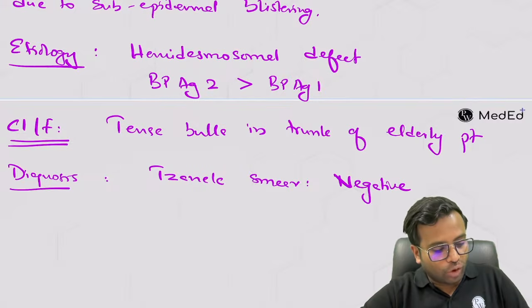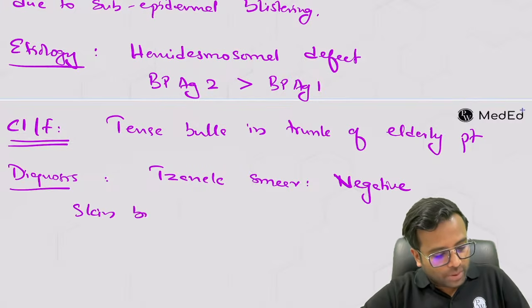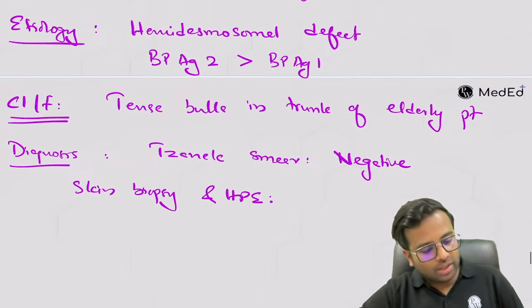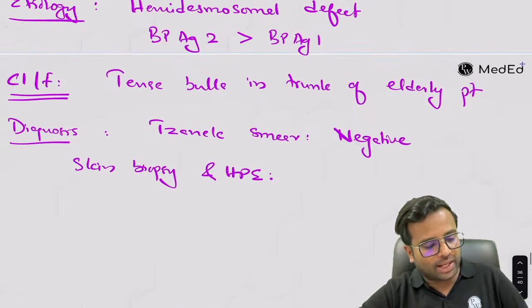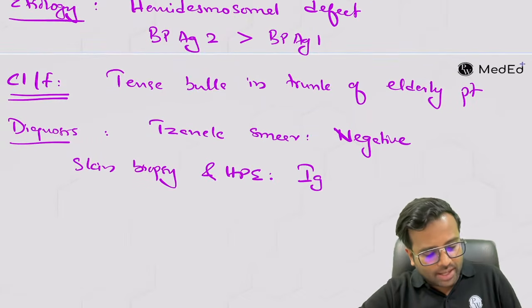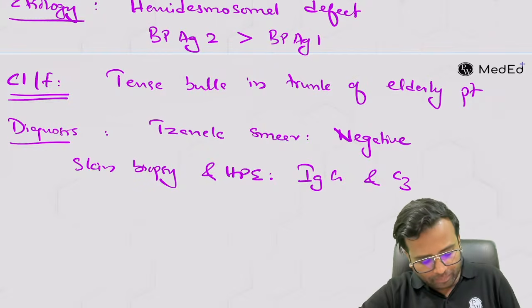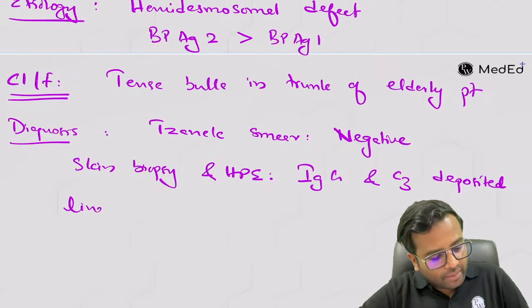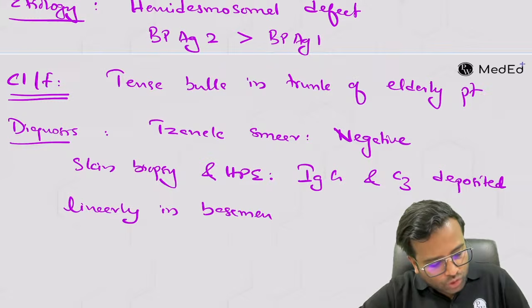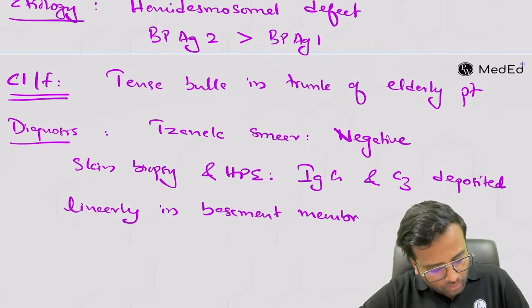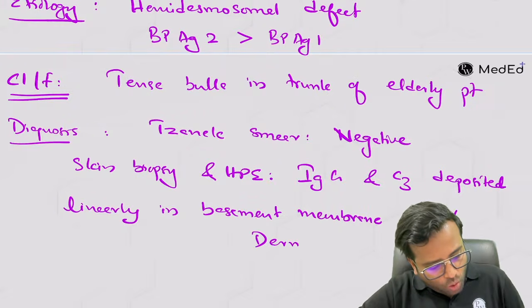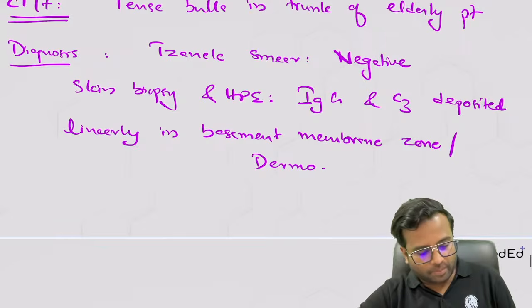We can definitely go for a skin biopsy and histopathological examination. In a skin biopsy and histopathological examination, again you can see IgG and C3, which is deposited linearly in the basement membrane zone or dermoepidermal junction.